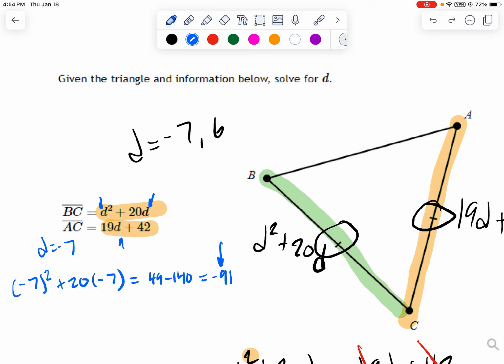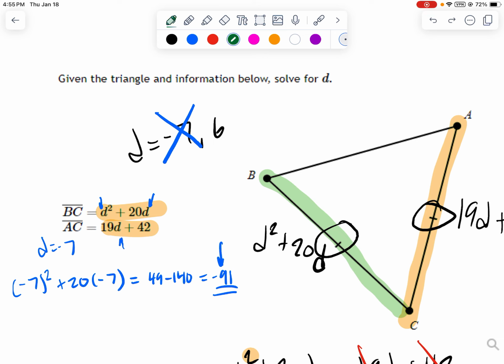Well, hold on. Can lengths be negative numbers? No. They're distances. Distances cannot be negative, which means that negative 7 cannot be a solution. You don't even have to bother trying to plug it into the second one. If it fails once, it fails as a solution, period.